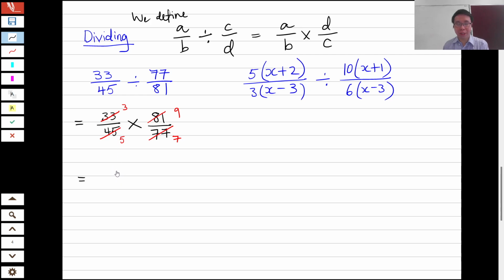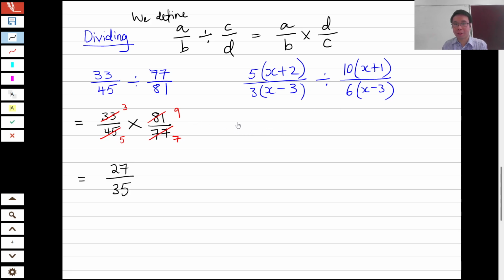So now I have 3 times 9 on top, which gives me 27, and 5 times 7, which gives me 35. And I can't cancel this fraction any further because 27 is a power of 3 and 35 is a product of 2 primes, 5 and 7. So we're finished.